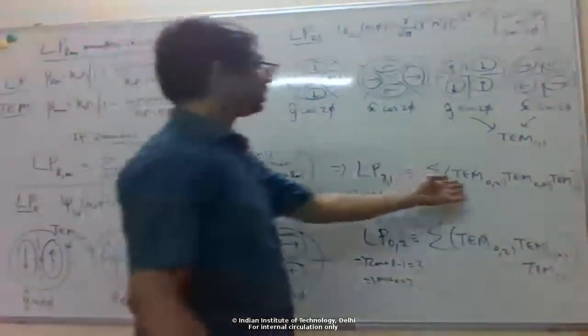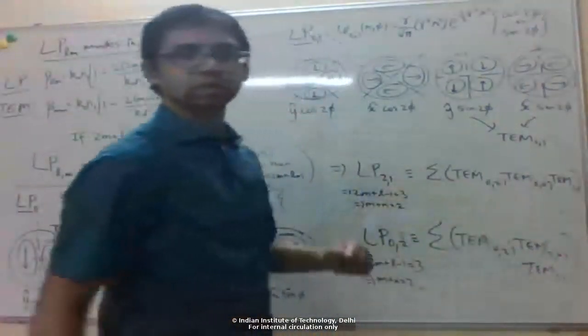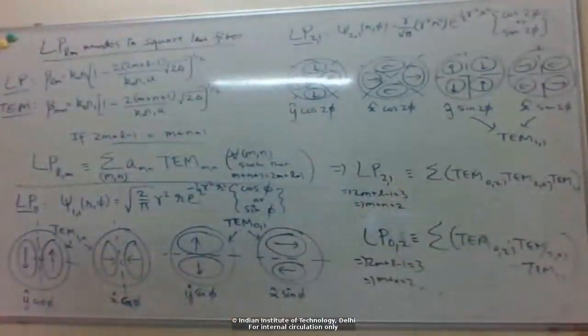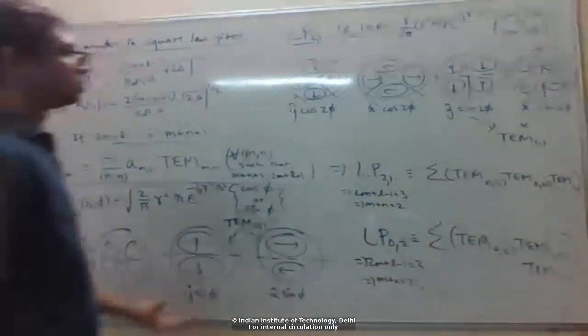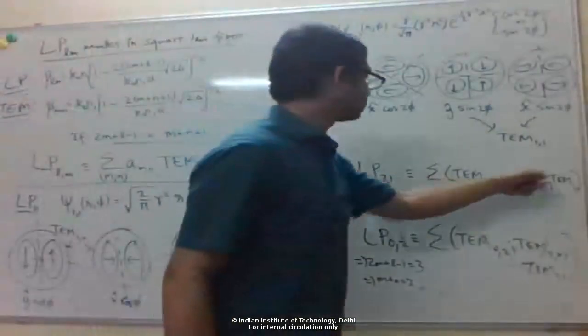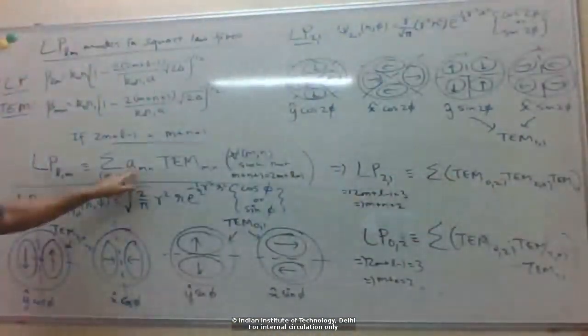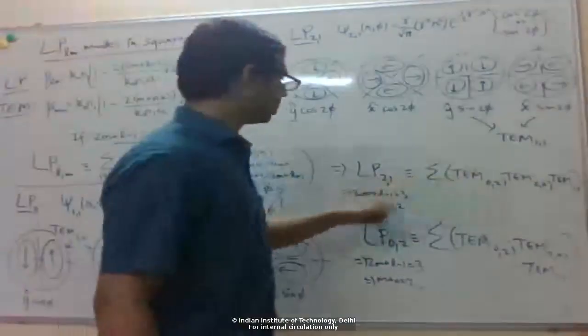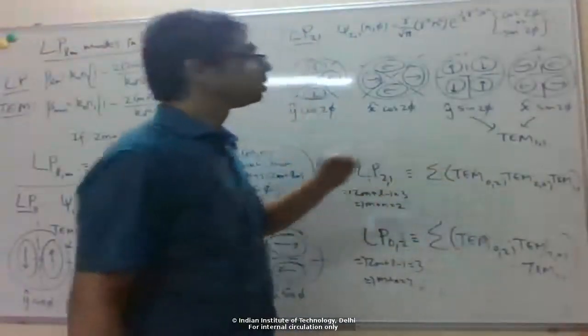The same three modes add up in a different way to give you the LP02. You can try to do this: see what coefficients I need to get this mode or to get this mode.